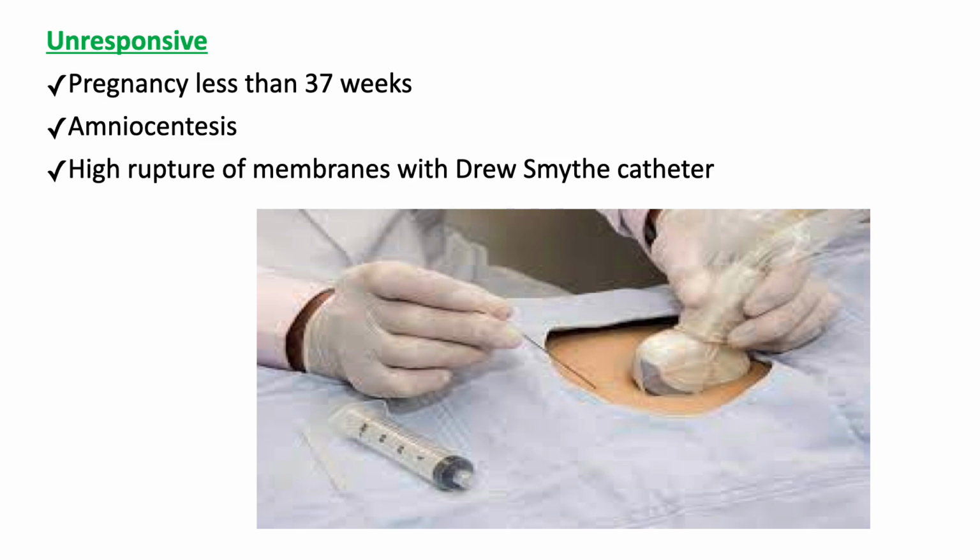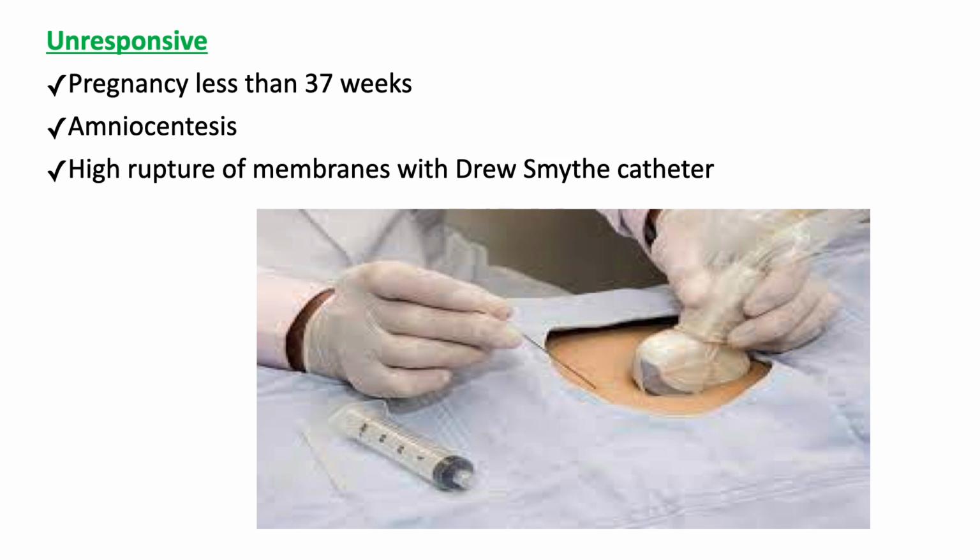If the patient is not responding to the treatment, that is unresponsive, that may lead to maternal distress. In that case, what you are going to do depends on whether the pregnancy is less than 37 weeks or more than 37 weeks. If the pregnancy is less than 37 weeks, an attempt is made to relieve the distress with the hope of continuation of pregnancy by amniocentesis.